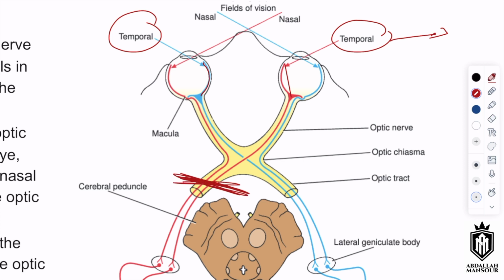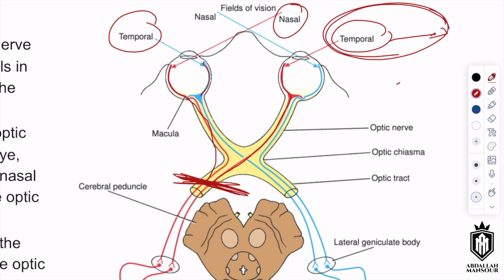Follow the fibers. The patient on the nasal side of this eye is unable to see, and on the other side, the temporal side of the eyeball, is unable to see. So what are you going to call this? This is called homonymous, or similar, hemianopia.